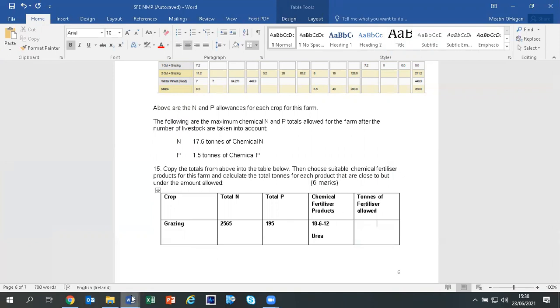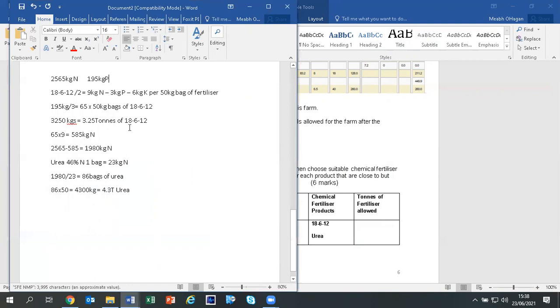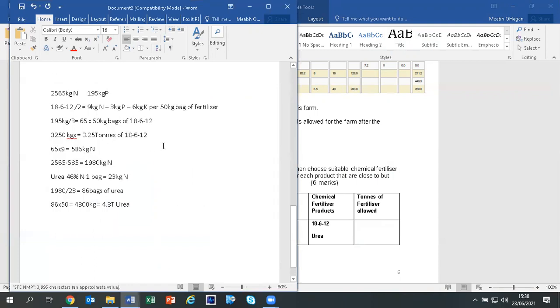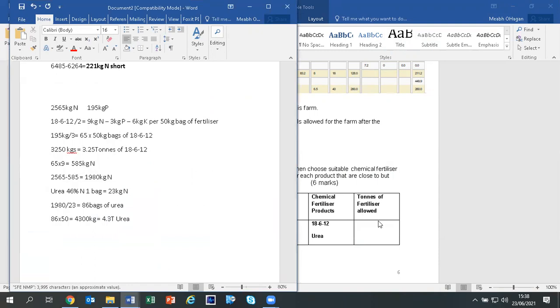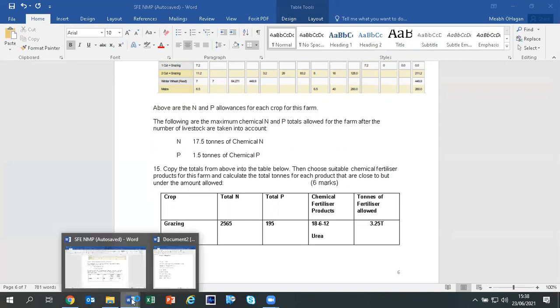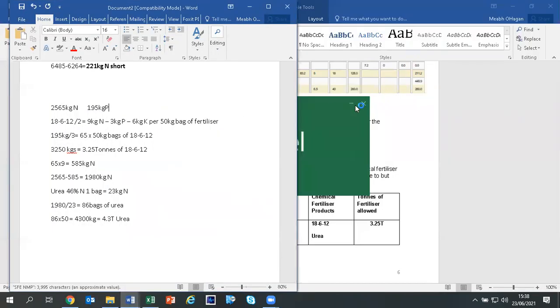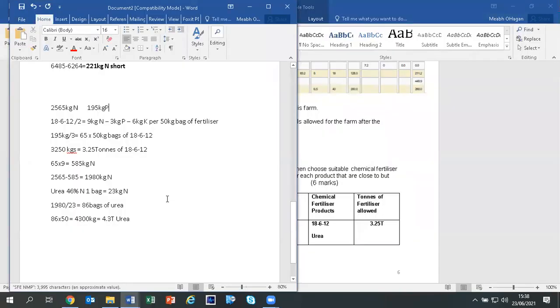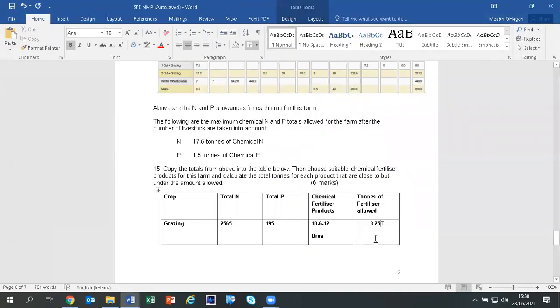And then the tons of fertilizer allowed, we went with 3.25 tons of 18,612, making sure that it matches up with the fertilizer across from it. And then in terms of the urea, we went with 4.3 tons of urea.